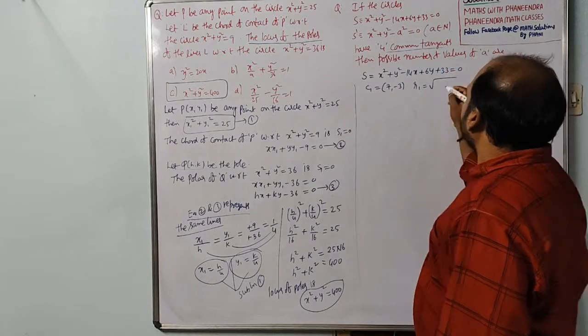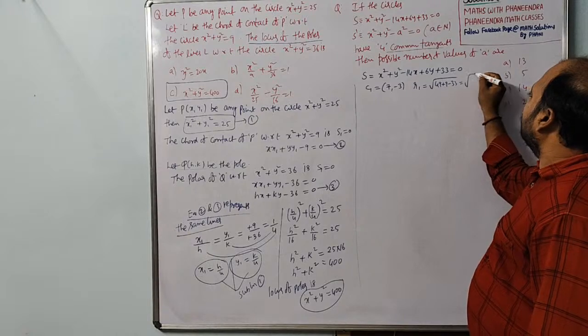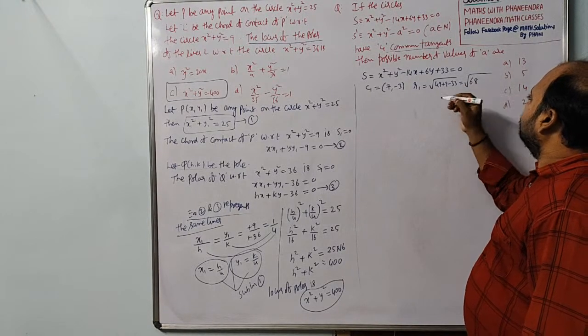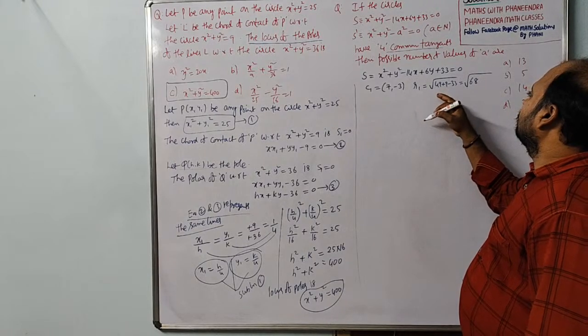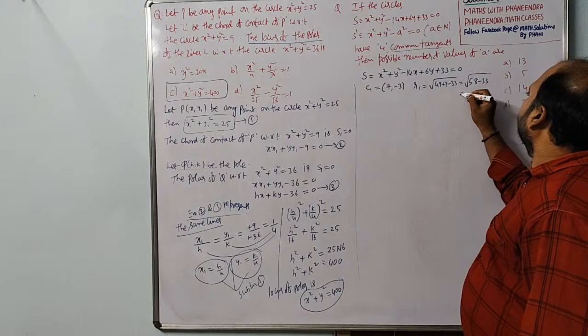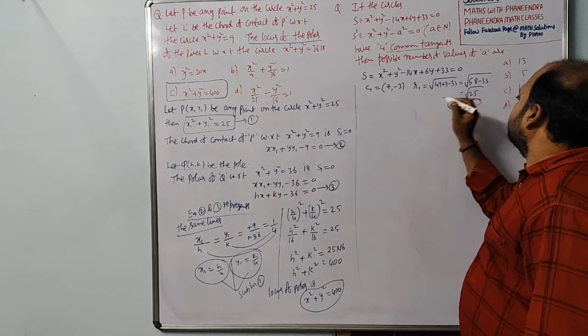R1 equal to root over 49 plus 9 minus 33, that is root over 25, which is 5. R1 value, we got it.